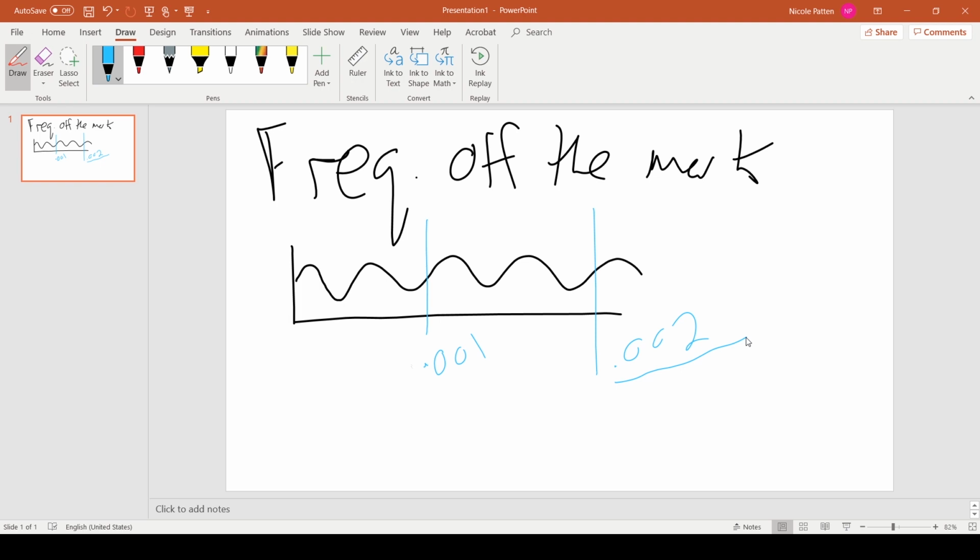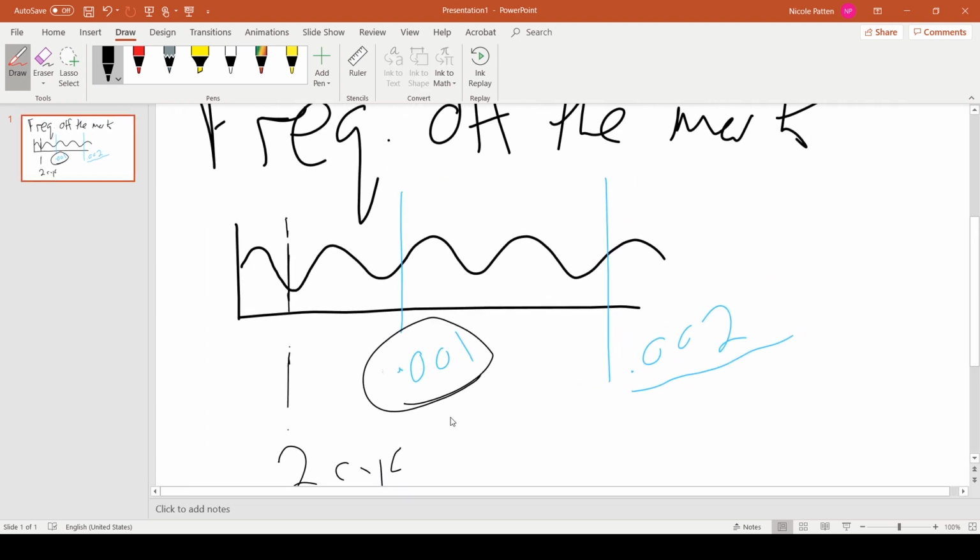You could infer that your wave is starting over at 0.0005, but we don't know that for 100% sure. So what you want to do is count up the number of cycles that are in the mark that you see. So we've got 2 cycles.